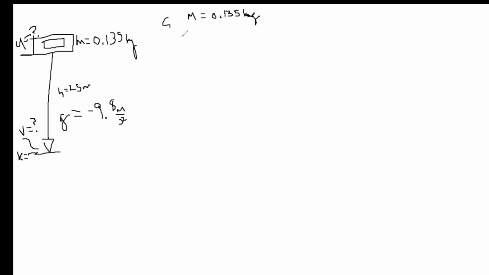You just didn't do it dark enough. Okay. H equals 25 meters. G equals negative 9.8. Trying to write slowly so my writing is at least somewhat readable. Good luck with that, right?